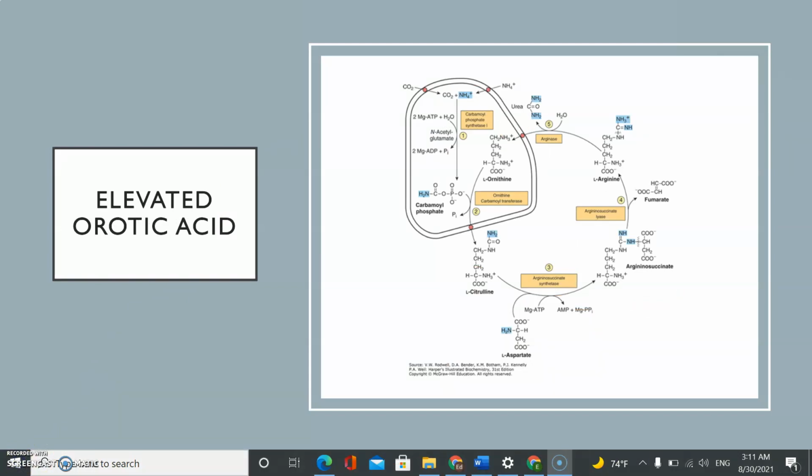In a case like this, where ammonia is elevated with elevated orotic acid, there is accumulation of carbamyl phosphate, which is being fluxed through into the cytosol into the pyrimidine synthesis pathway. Since there is an excess of carbamyl phosphate, carbamyl phosphate synthetase 1 is least likely to be deficient.